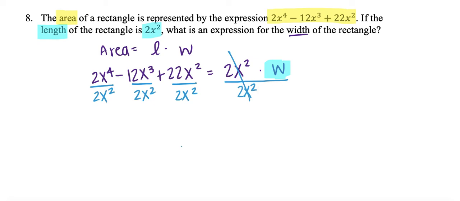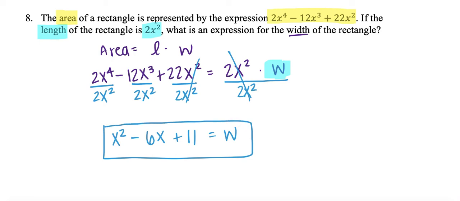So those cancel out. When I do 2x to the fourth divided by 2x squared, I get x squared. 12x cubed divided by 2x squared is 6x. And then 22x squared divided by 2x squared, careful here, it's just 11. There aren't any more x's because x squared divided by x squared, same thing on top and bottom, cancel each other out. And that is going to be my width.